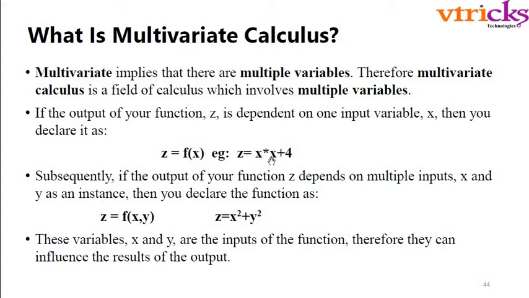So when x is 1, z is 5. When x is 2, z is 8. But in case of function of two variables, just prescribing the x value is not enough. We have to give a value of x and we have to give a value of y. So the variables x and y are the inputs to the function and therefore they influence your output.